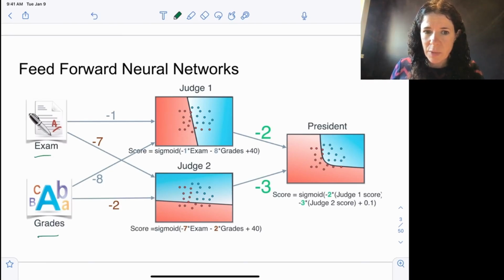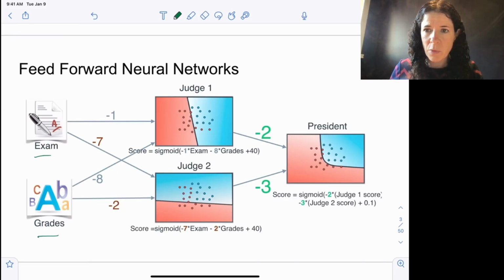For example, in this case, judge one is computing minus 1 exam plus minus 8 grades plus 40. That's basically the function that judge one is computing, and then it puts a sigmoid on top of that to get a score.